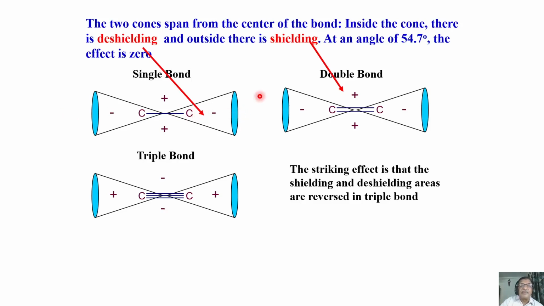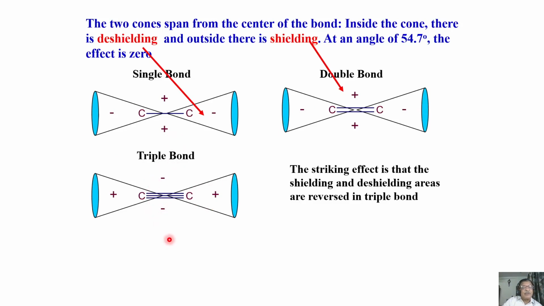Please remember, when I am talking about single bond and double bond, triple bond of this type of molecule, with the single bond and double bond, protons situated just above and below the bond get shielded, but in the axis of the bond they get deshielded. But in the case of the triple bond, an interesting thing happens: it gets reversed.